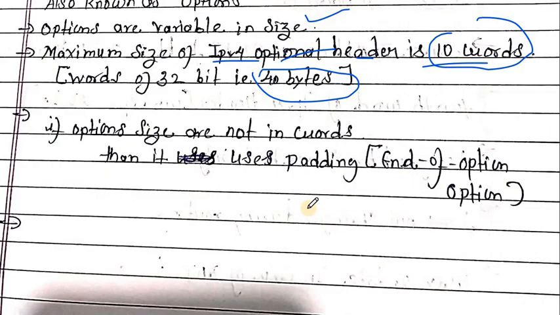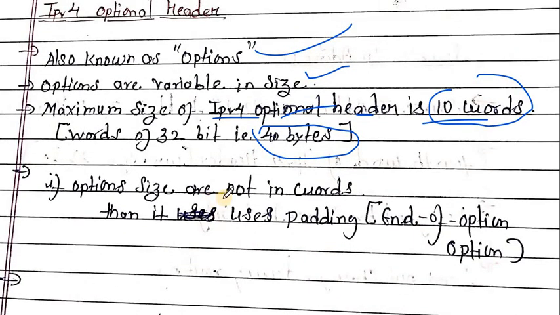One word means 4 bytes. If the size of the options is not a multiple of 4 bytes, then we should add padding at the end of the options, because one word takes 4 bytes.